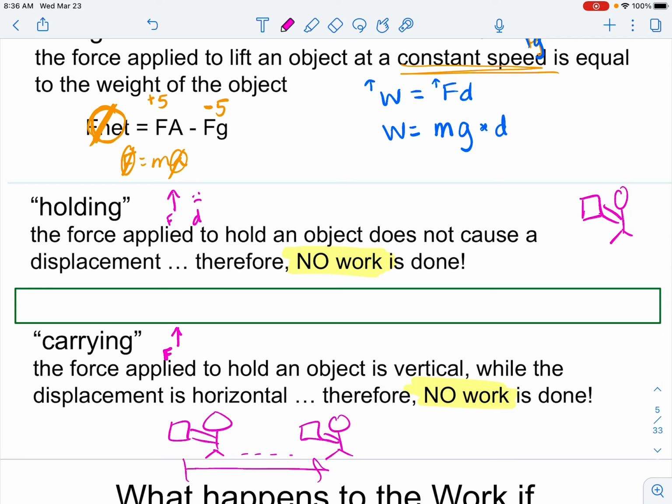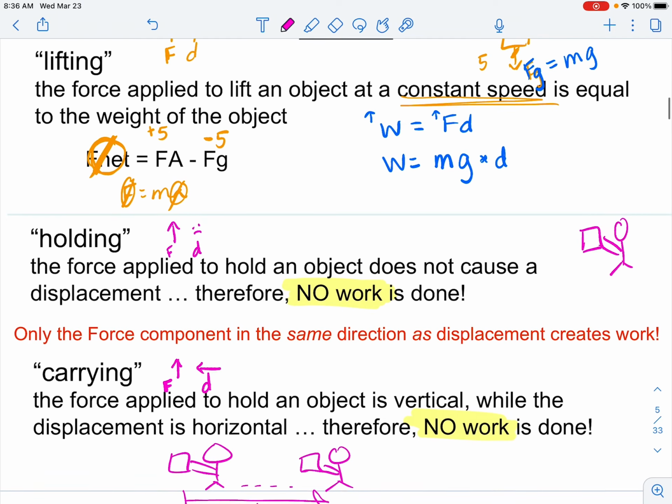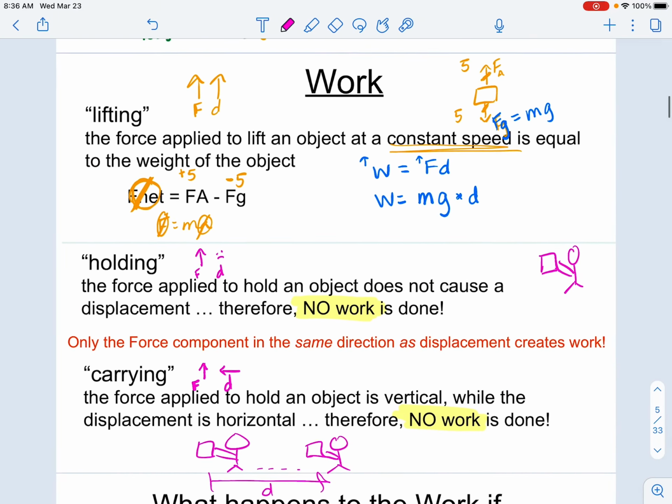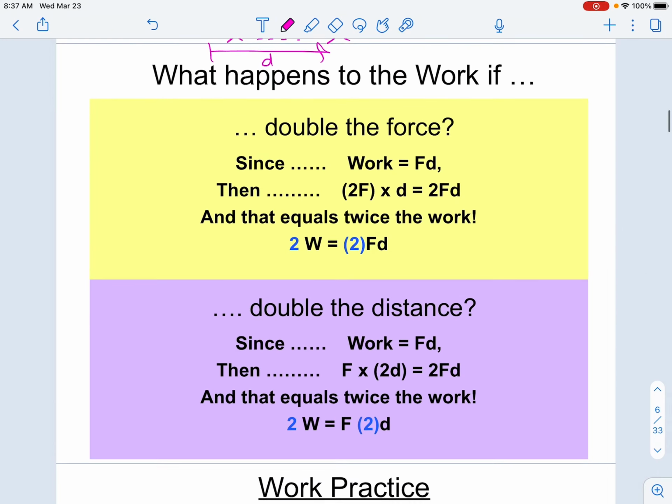But the displacement of that object is a horizontal displacement. So the force vector is vertical, the displacement vector is horizontal. Those two are not along the same axis, so no work was done. Okay, so we have to remember when answering these questions about whether or not work was done, we need to analyze the direction of that force and displacement.